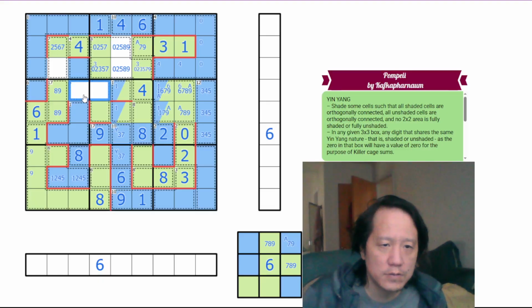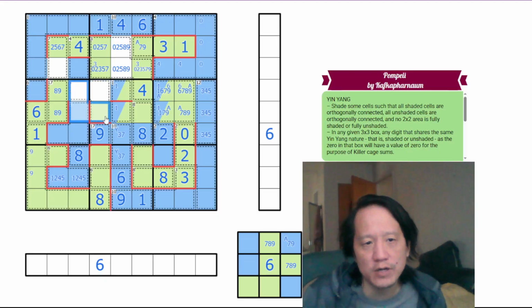And can this ever be the same or non-zero values in both of them? And the answer is, I think, no. If it is, this would be green, and then this would be blue to be non-zero. And that's not possible because you'd have a cross green and a cross blue here. So this has to have a 5.